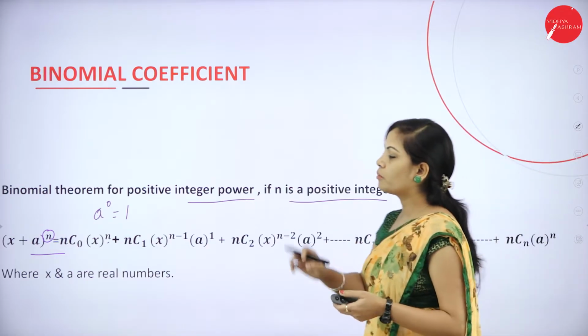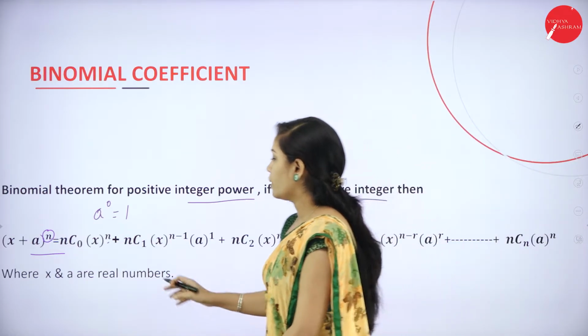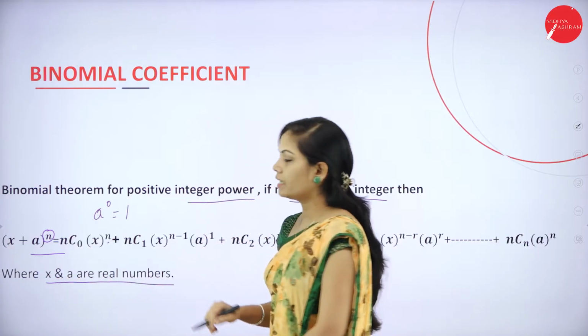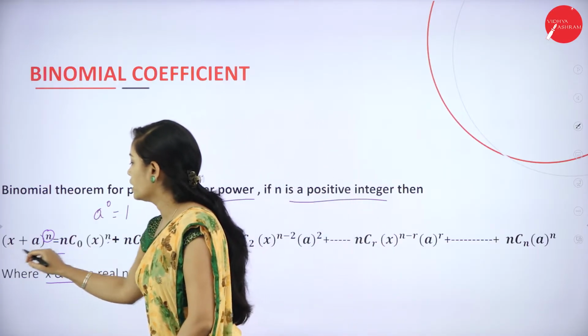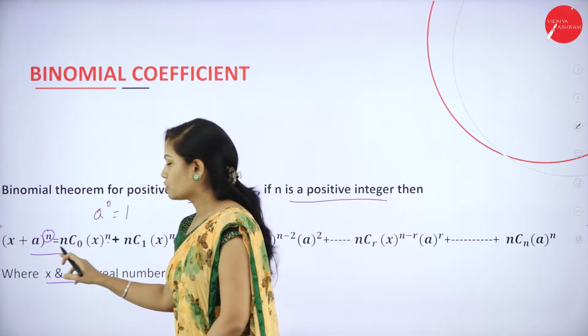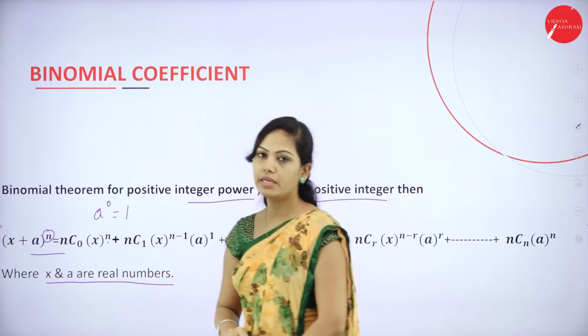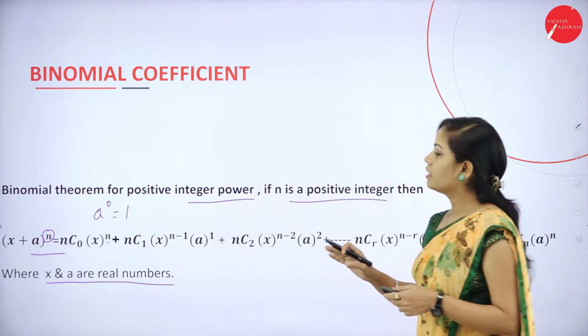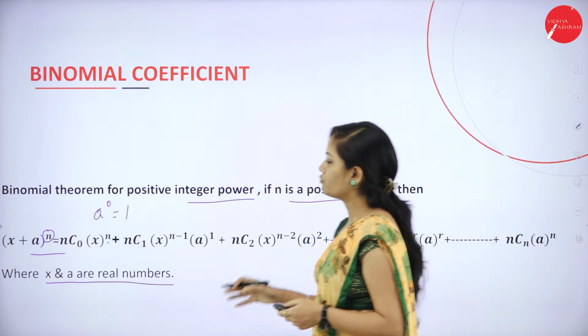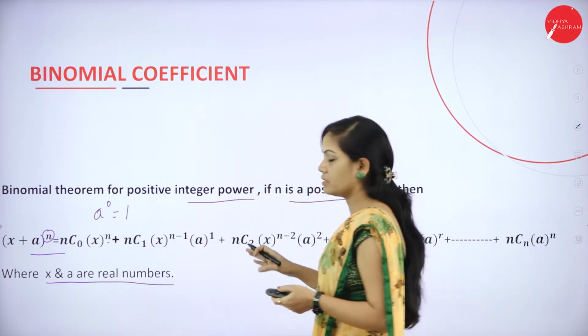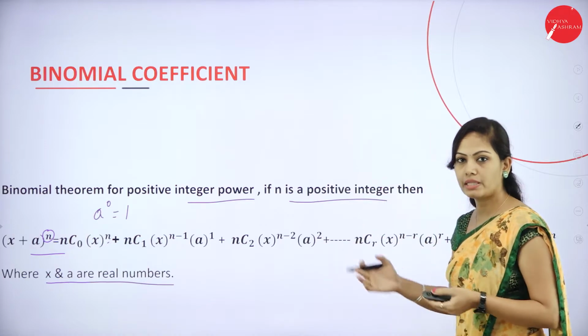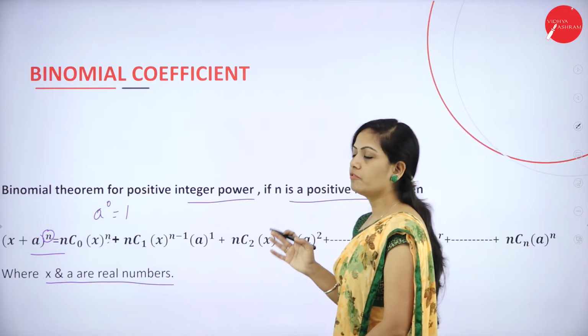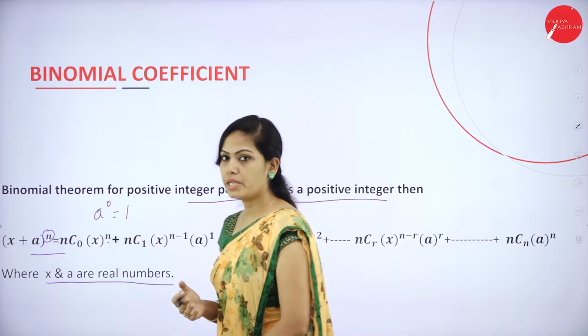So this is the formula for binomial expansion where x and a are real numbers. So here in the expression I have x plus a. So x and a are real numbers. So here we have combination formula NC0, NC1, NC2, NC3 etc. up to NCN. Every time we can't apply this combination formula.